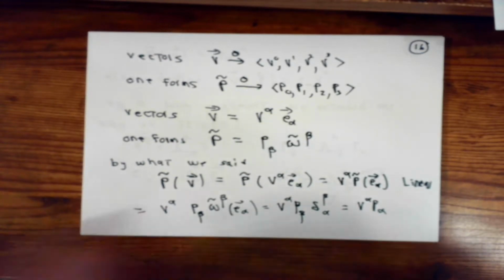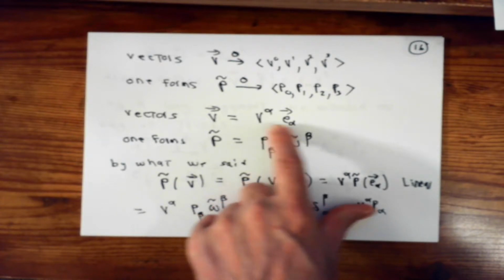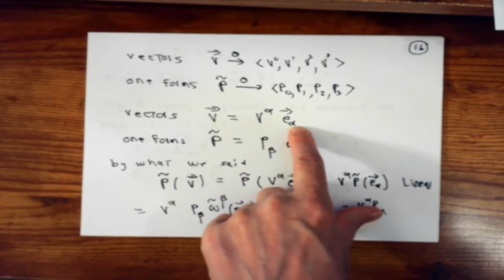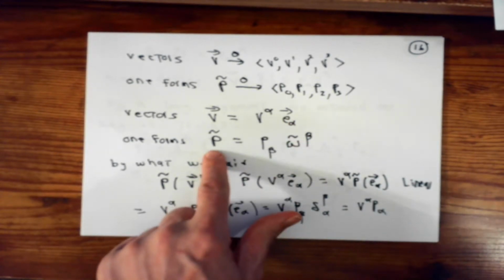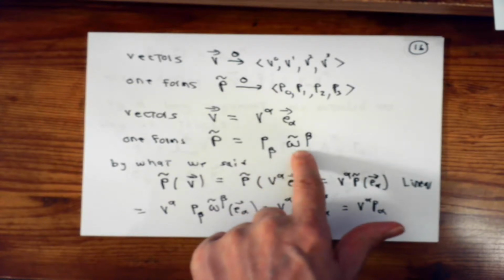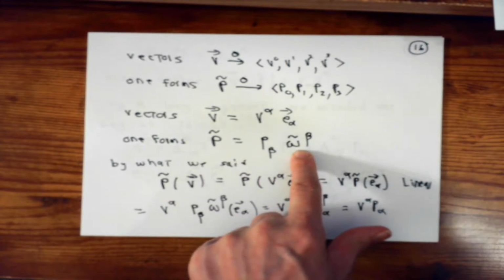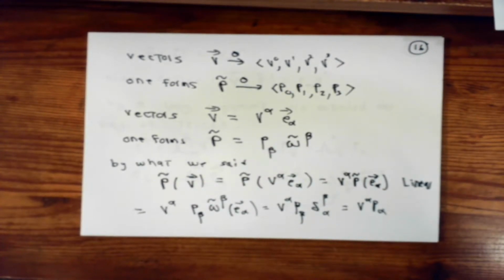A vector is written as the sum of its components times corresponding basis vectors, coordinate basis vectors. P tilde we'll write as the sum of its components times the corresponding basis one form, coordinate basis one form.